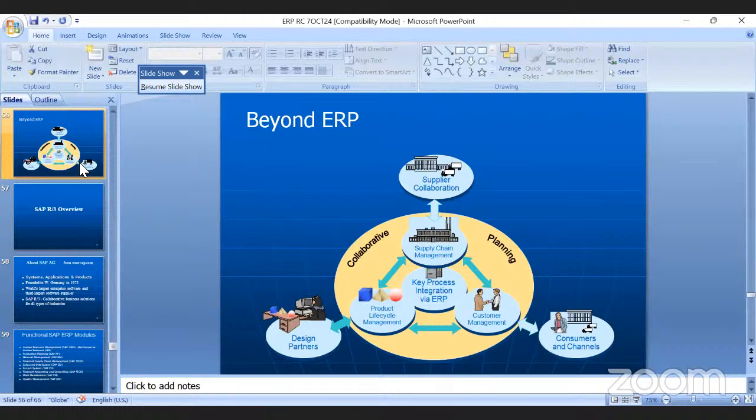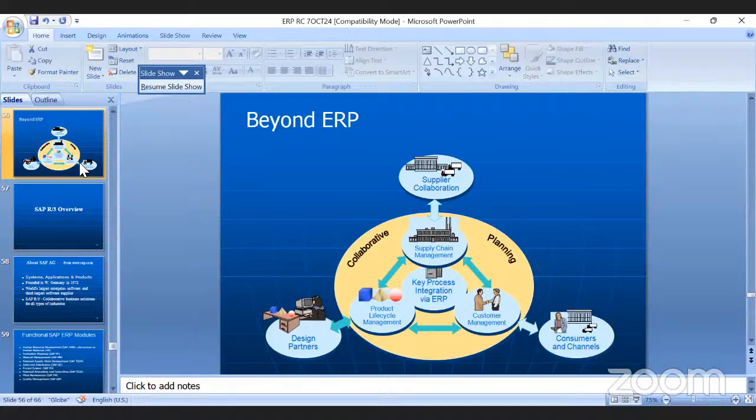After implementation, what's next? Beyond ERP. What is beyond ERP is connecting to outside stakeholders. We have been talking about supply chain management, customer relationship management, and enterprise management till now. If you go beyond the internal stakeholders, you have the partners, government, suppliers, vendors, customers, and the public.